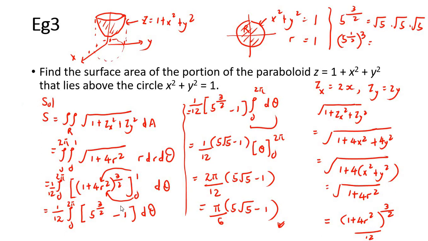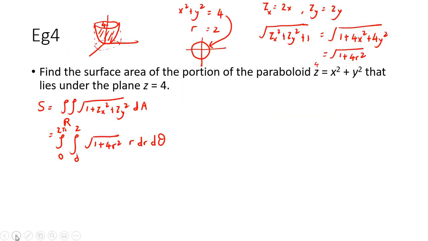Using the substitution technique as in example 3 just now, you get the result, which is (1 plus 4r squared) power 3 over 2 divided by 12, and then evaluate it from 0 to 2, and the theta.